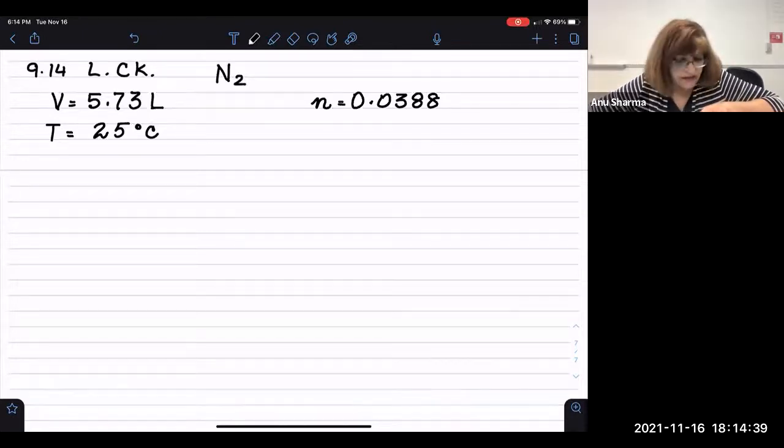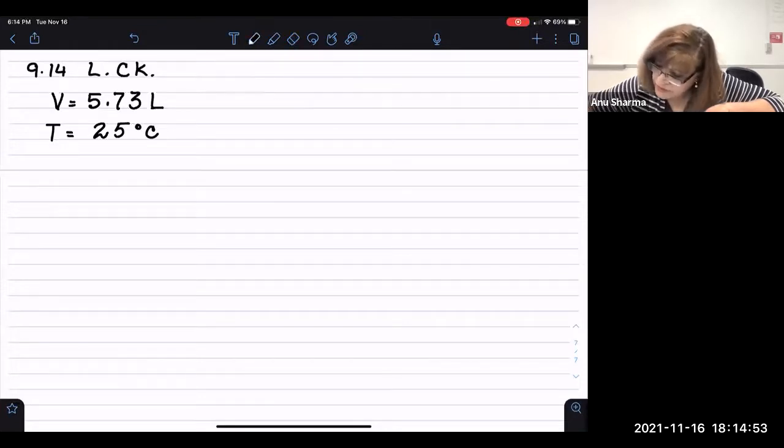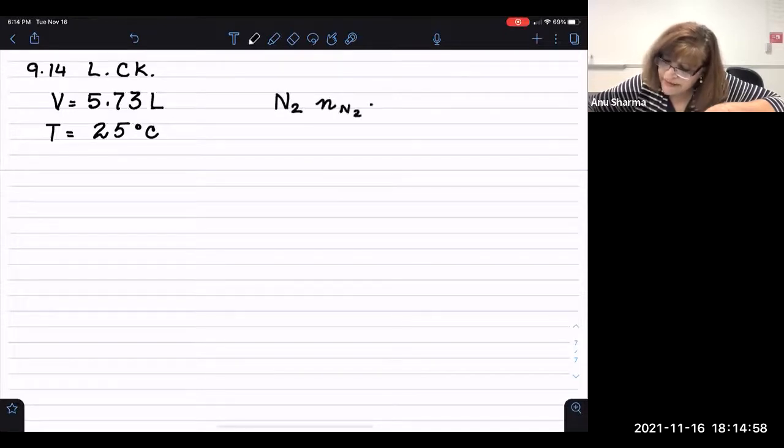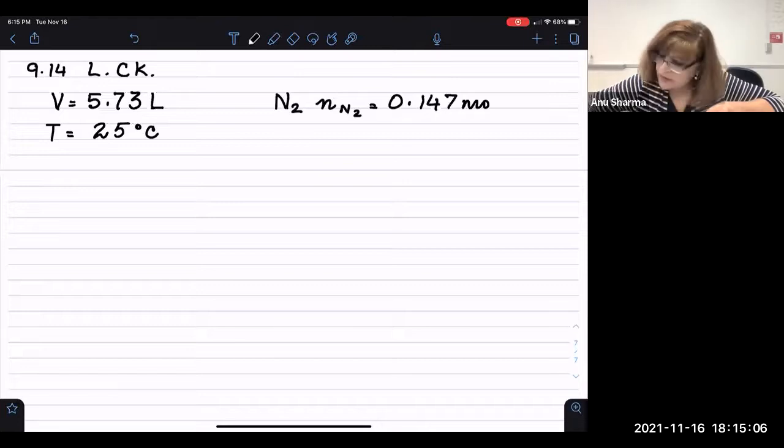So n is the number of moles of nitrogen, and then the other gases. For the nitrogen gas, the number of moles of N2 is equal to 0.0388 moles.